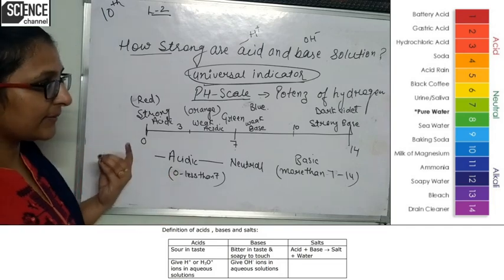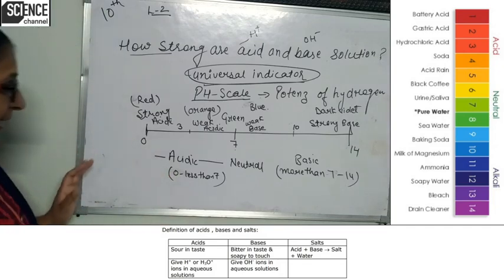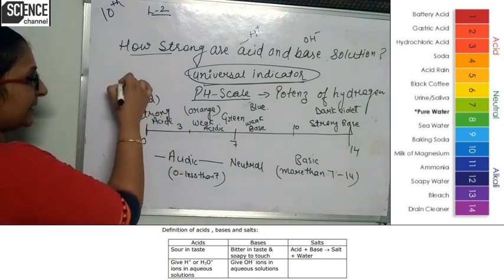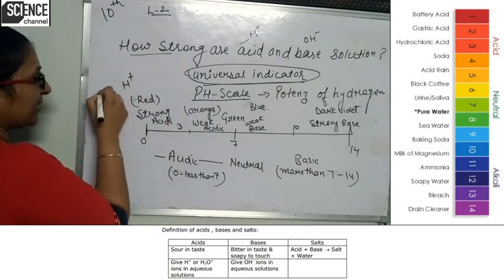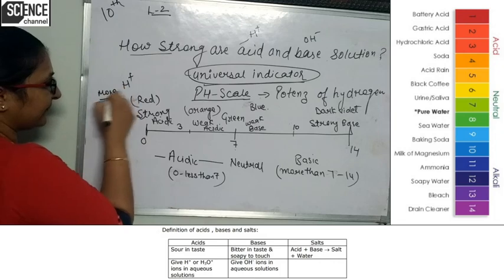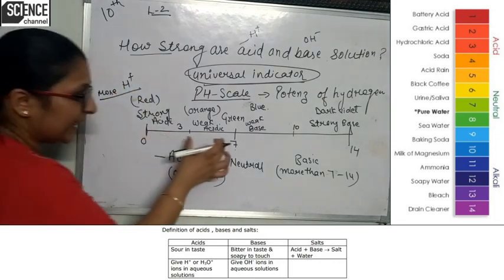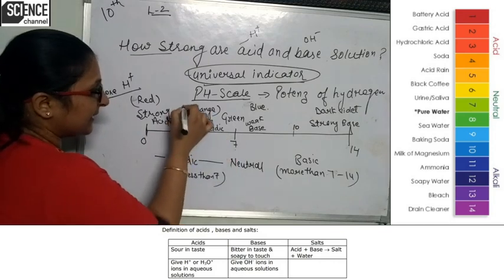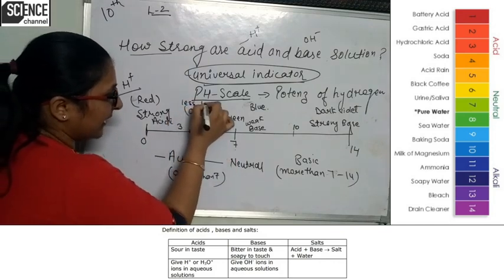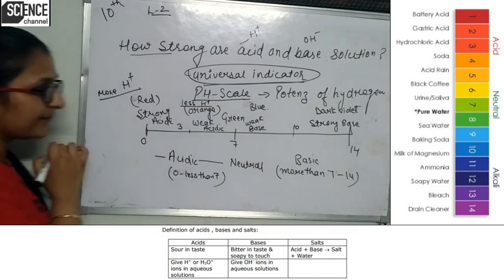its color. Now, if they have a strong acid, then they have more H positive ion. If they have a weak acid, then less amount of H positive ion.